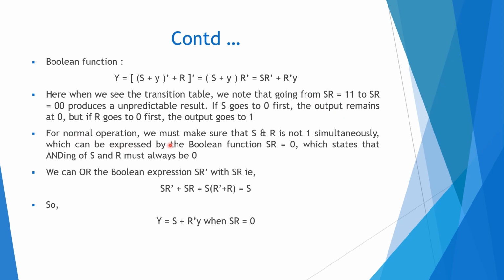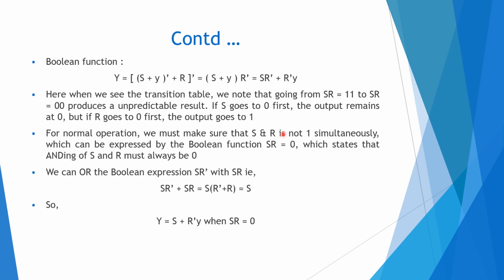For normal operation, we must make sure that S and R are not 1 simultaneously, which can be expressed by the Boolean function SR equal to 0, which states that the AND of S and R must always be 0. This is a sum of products expression. If we OR a 0 with this, that makes no change.